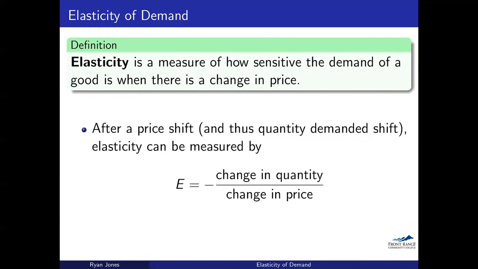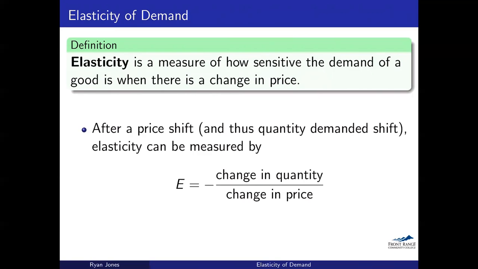This is great. Let's go ahead and use it." So when we have a shift in the price, we're also going to have a shift in the quantity that is demanded, the quantity that consumers are saying, "Hey, we all want to buy it. We're demanding this. So make more," or something like that.